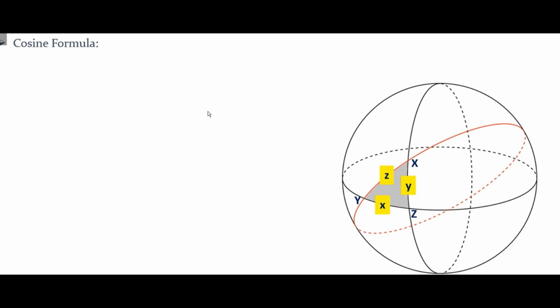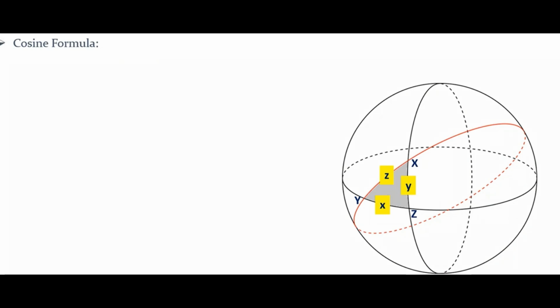The first of them is the cosine formula and the second is Napier's rules. We will do the cosine formula, which is all we require for great circle sailing. When we move on to composite sailing, then I will show you Napier's rules also. This is a very important formula, not only used in great circle sailing, but also used in celestial navigation at many places. So let's try to understand this formula.